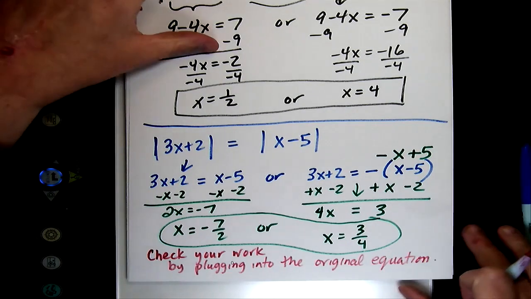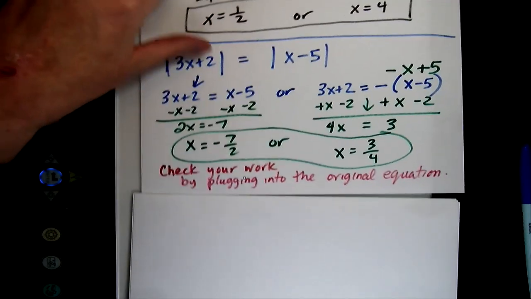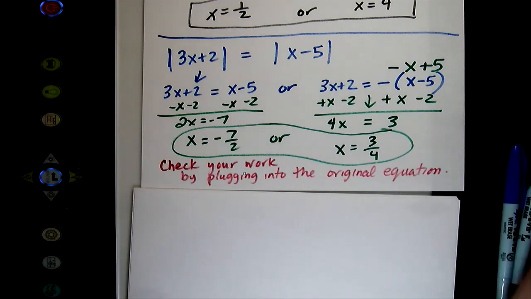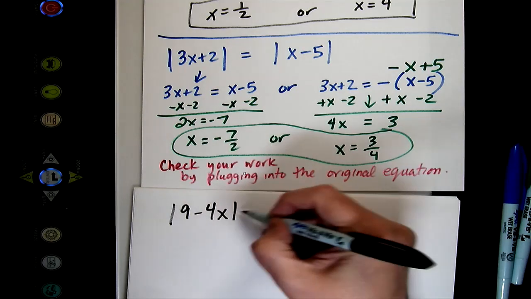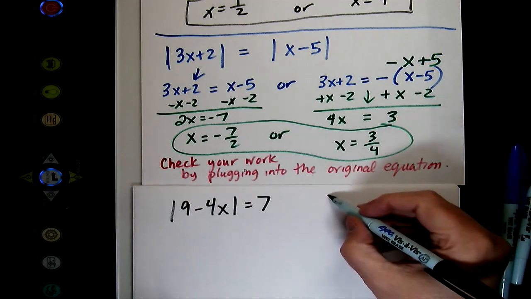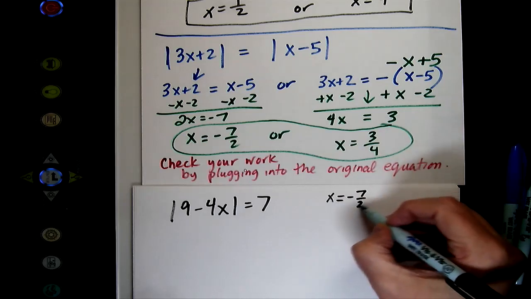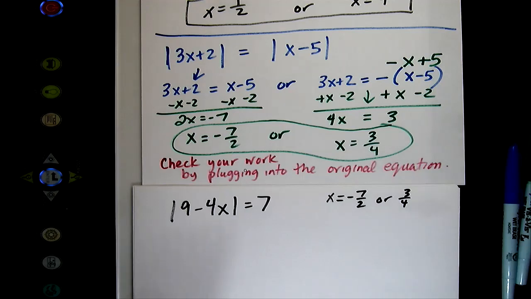And rather than hand waving now, we're going to actually do that. Let's make sure you guys know what I'm saying here. So I've got 9 minus 4x equals 7. And we came up with x equals -7 over 2 or 3 over 4. So I am going to check both.